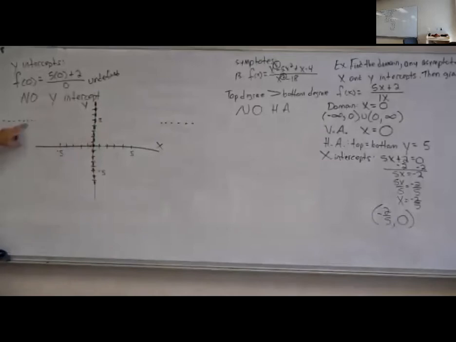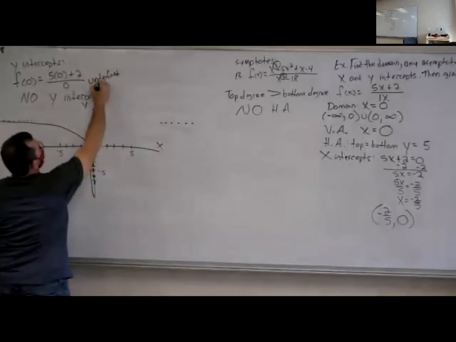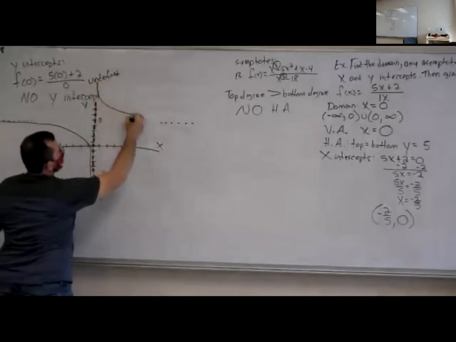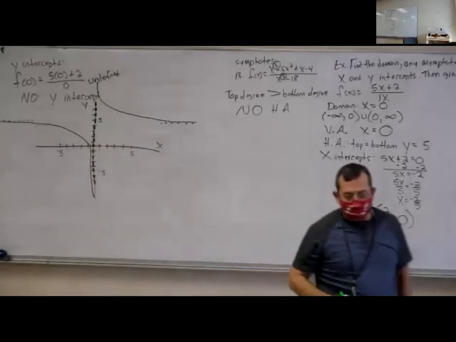So remember, here's my horizontal asymptote, right? This is only going to cross this x-axis one time. So it's going to come up from here, hit that, and then it's going to try to curve up to that line. If this side of this asymptote is going down, this side is going to come from up here, but it's going to try to get to that line on the top.